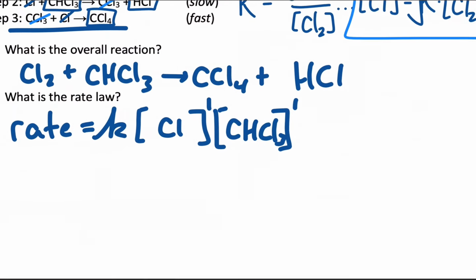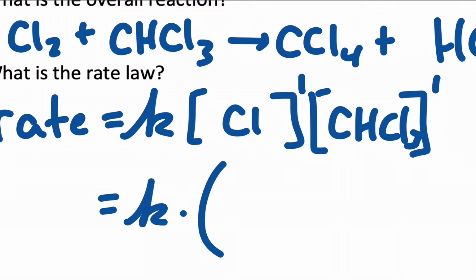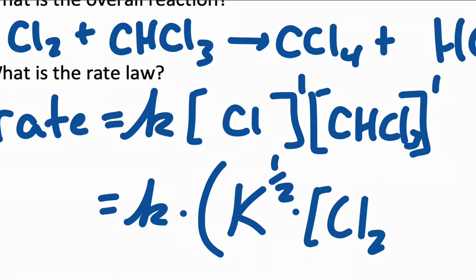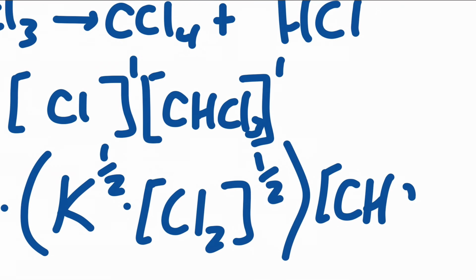So I'm going to substitute that down below and rewrite. This is now some rate constant times, instead of chlorine, the equilibrium constant to the 1/2 power, and then the chlorine concentration also to the 1/2 power, and then I keep my CHCl3 to the first power.